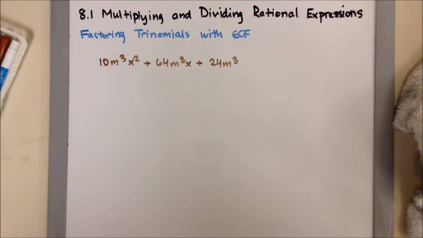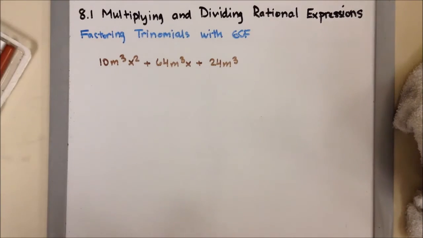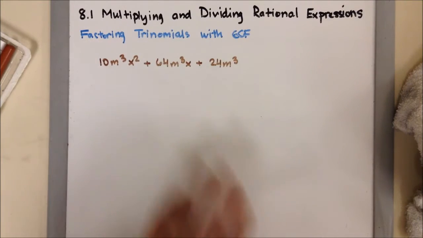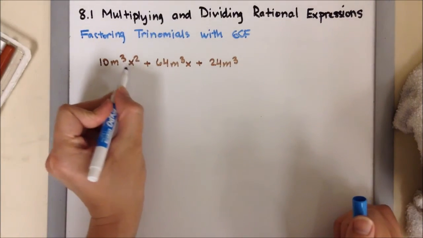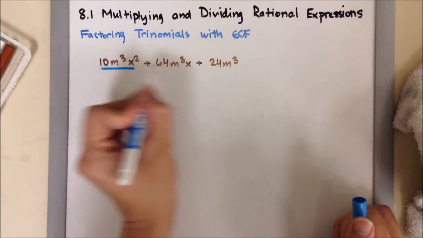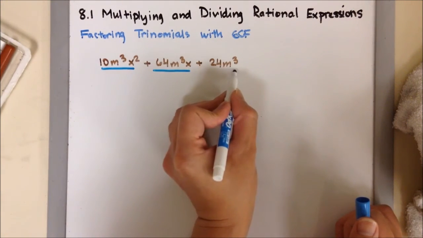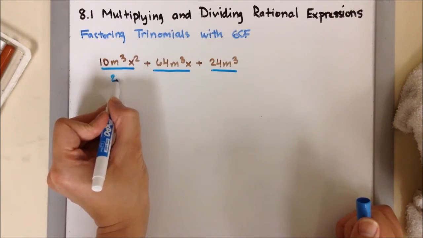So the first step is check if we have a GCF. So we have 10m to the third x squared, and then our middle term, the second one, is 64m to the third x, and then our last term, 24m to the third. So, looking at it, we see that 10, 64, and 24, they're all even numbers, meaning that they are divisible by 2, and nothing higher, so we're going to divide each term by 2.